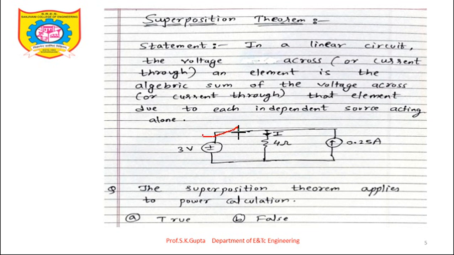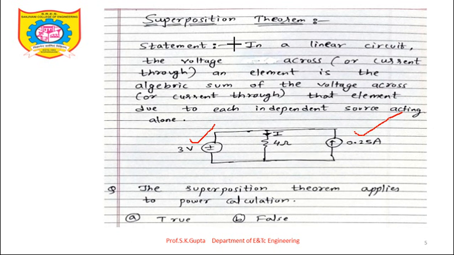When this source is acting, I will get some current or voltage, and the other source is absent. In the second case, the other source is acting alone and this one is absent, and I will get some current or voltage. Then my overall output is the algebraic sum due to this source and due to that source.